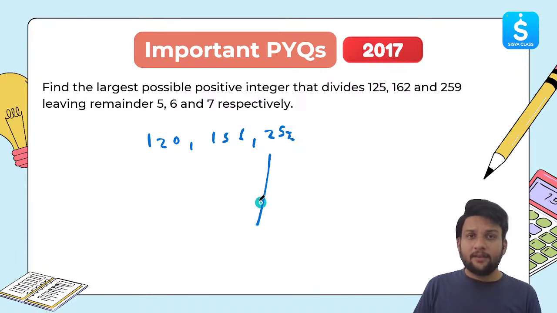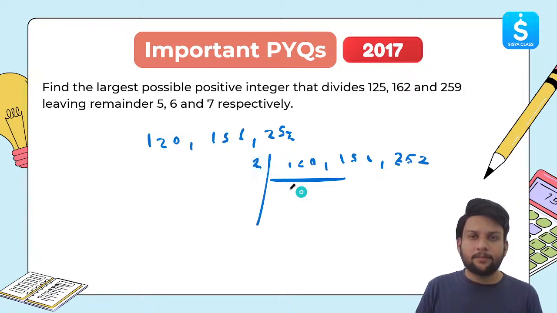Now let's just find the HCF. I'm using the column method with 120, 156, and 252. I will divide by 2. I will get 60, 78, and 126.